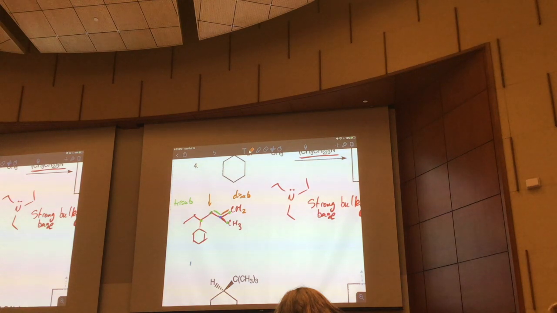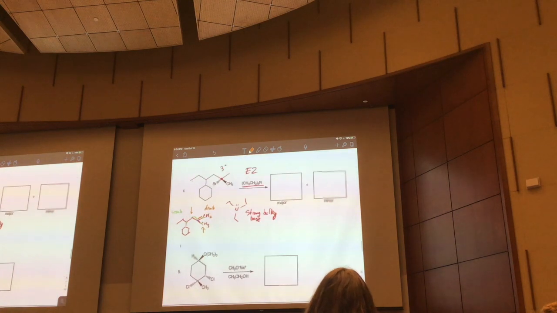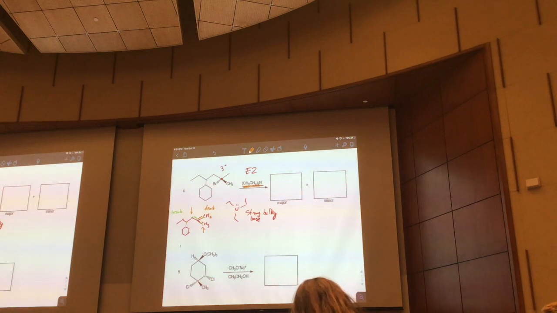If you're a super, super bulky base though, are you going to pick a primary hydrogen or a secondary hydrogen? You're going to pick a primary because that's all you can do. You can't get in there to get the secondary hydrogen nearly as well as you can just go to the very edge of the molecule and pluck off the primary hydrogen. It doesn't need to go very far to get in. So even though our tri-substituted alkene is our more stable product, it's not going to be the major product because we're using this bulky base that just can't get in to get that secondary proton.